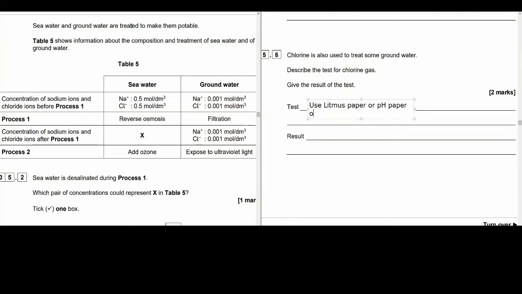And what will happen is chlorine is an acid, so it will turn the paper red to indicate it's an acid, but then very quickly, within seconds, it will start to bleach it white. Now, in the AQA syllabus, you just need to say bleaches the paper white because chlorine acts as a bleach. But if you want to be fancy, you can say it goes red first because it's acidic and then bleaches white.